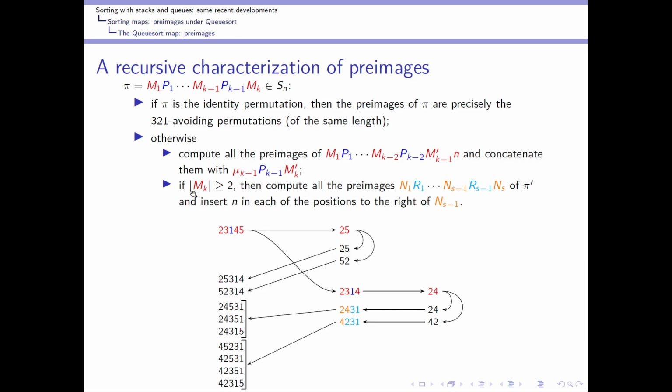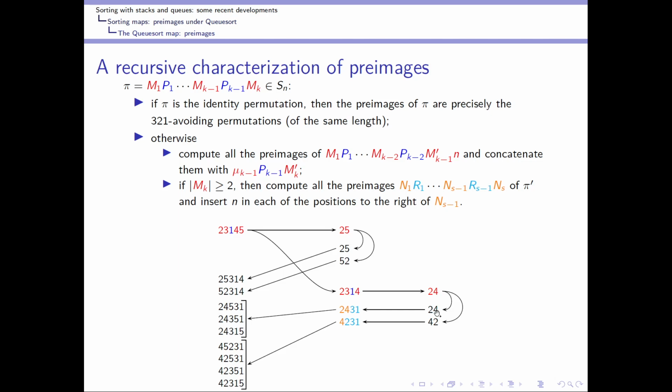For the second kind of preimages, you just remove the 5, so you have 2, 3, 1, 4. Now we have to compute preimages of 2, 3, 1, 4, and of course, you do it by recursively using again this algorithm. In this case, the suffix of left to right maxima has cardinality 1, so only the first kind of preimages occurs. To compute them, you have to remove this string 3, 1, so we are left with 2, 4.